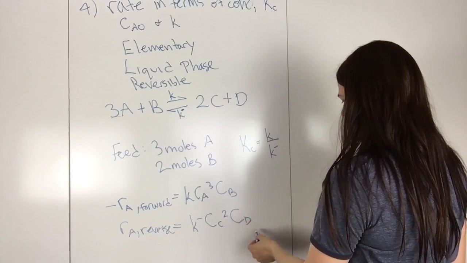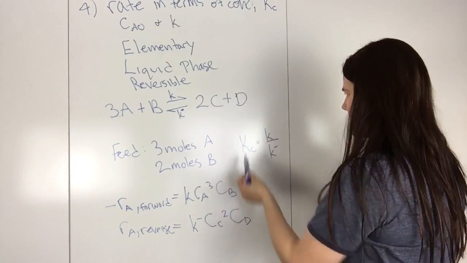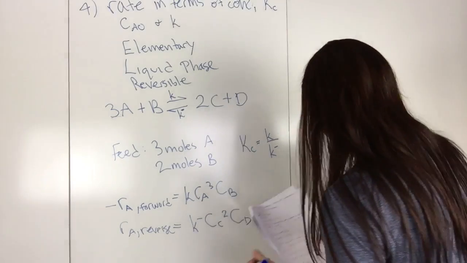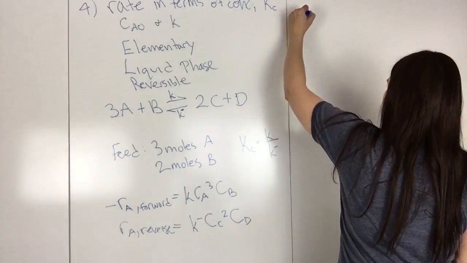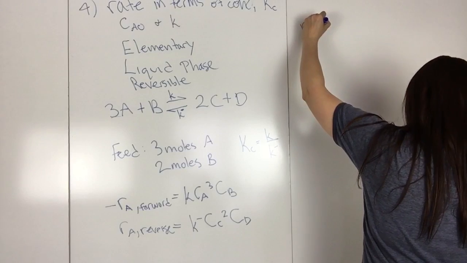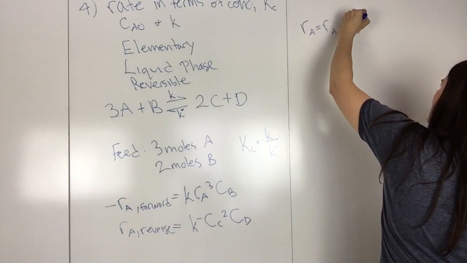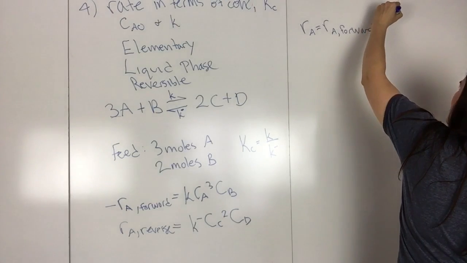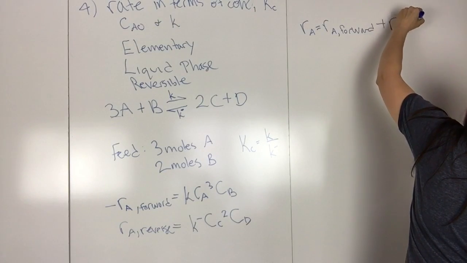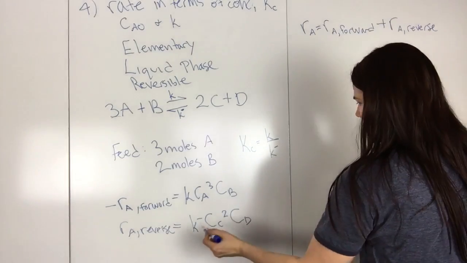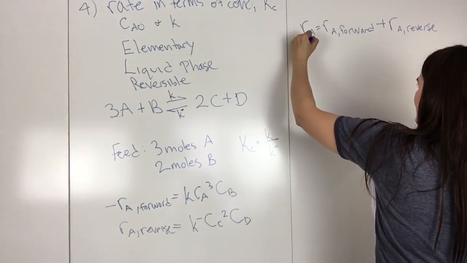This is just CD because the coefficient is 1 here. So then we know that the rate RA is equal to RA forward plus RA reverse. So we can go ahead and plug that in.